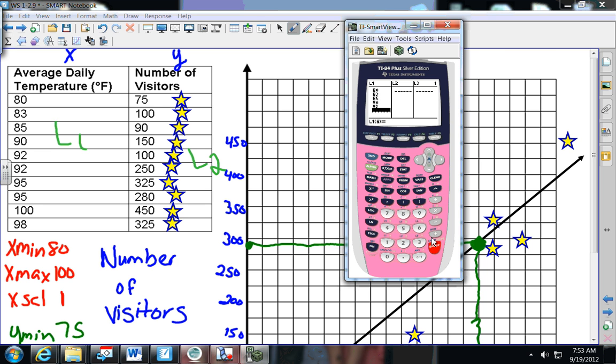Where am I at here? 80, 82, 83, 85, 90, 92. I have another 92. 95. Yes, you put every number in there, even though they repeat, just like we graphed them. And 98.